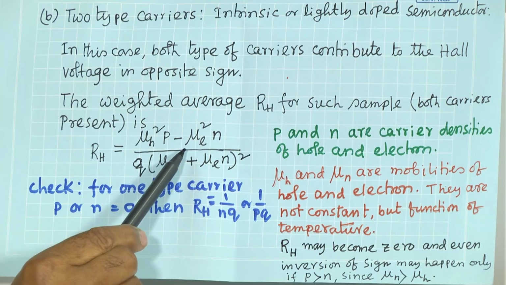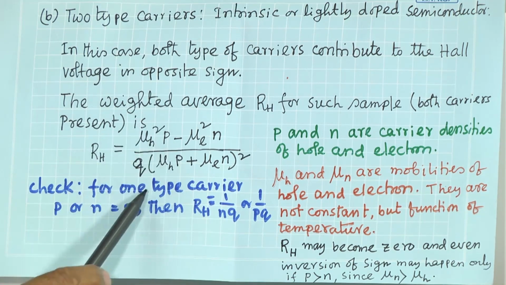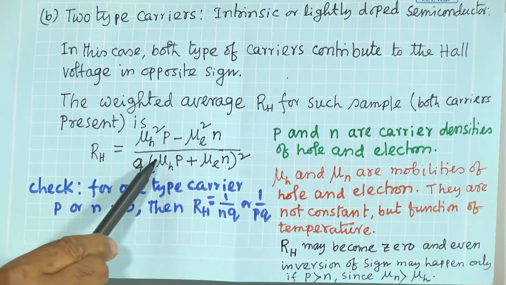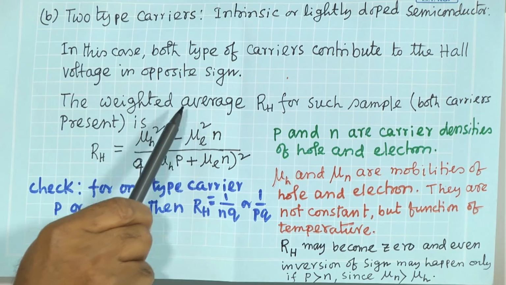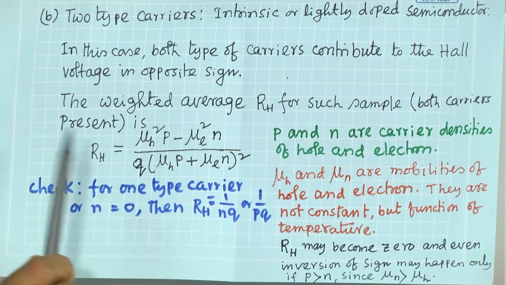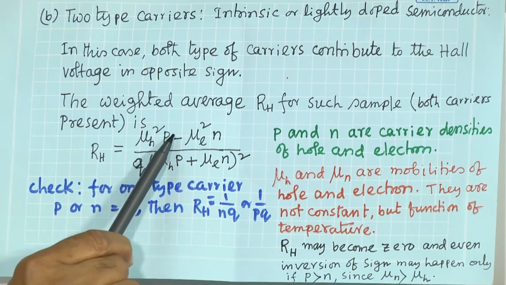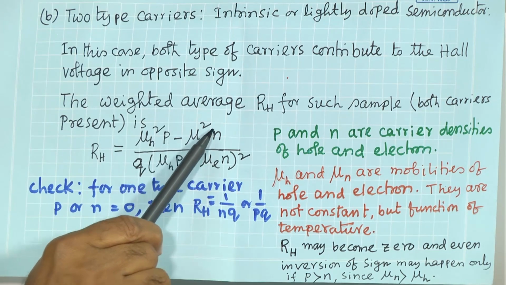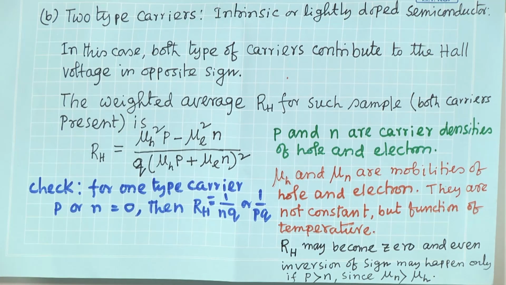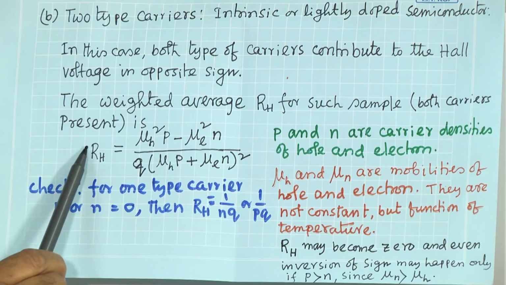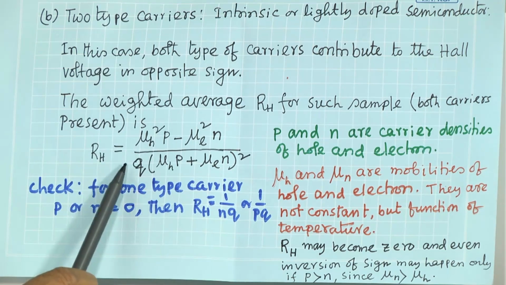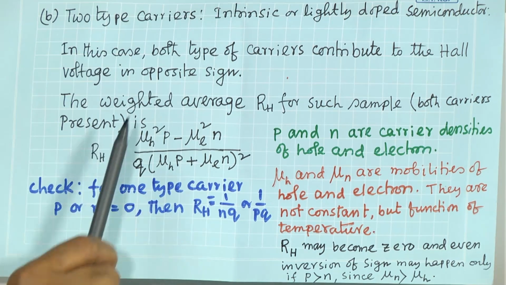This q is all the time considered positive, so the negative sign will come in case of electron, and the positive sign will come in case of hole. So your RH will be either 1 by PQ or minus 1 by NQ. So we are getting the same formula as we derived for one type of carrier. So this formula is checked, that it is fine.